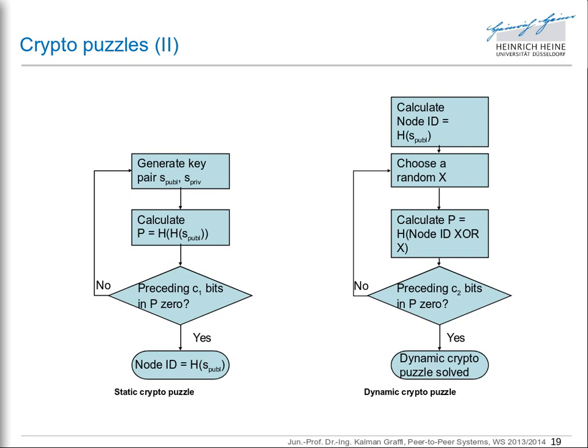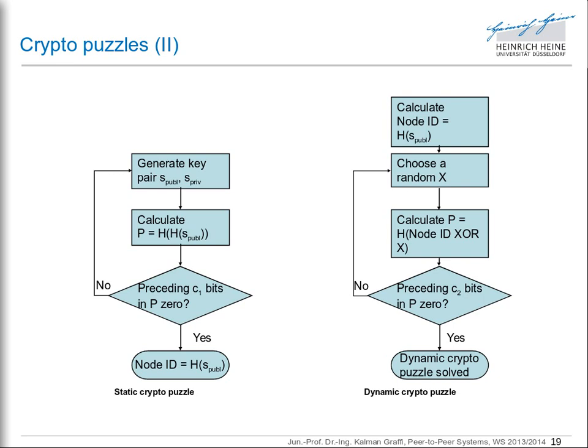This is our P. And then we check whether this P has C1, so this is the constant, C1 preceding bits which are 0. If the answer is yes, our node ID is assigned as the hash over the public key. Otherwise, we generate a new key pair and try this again with this key pair.